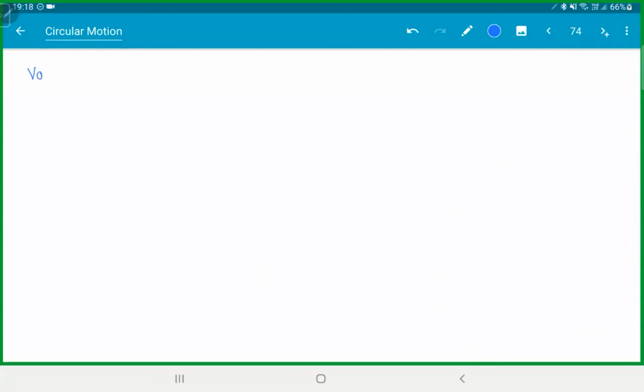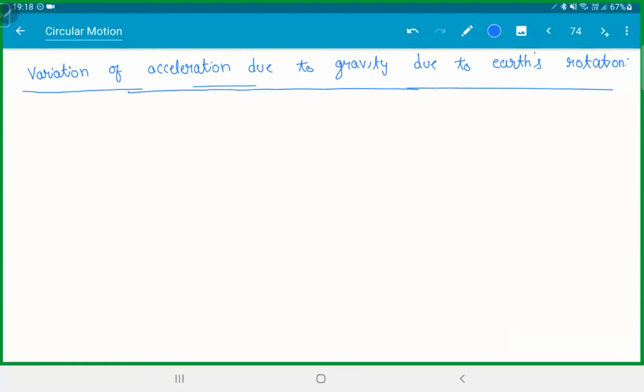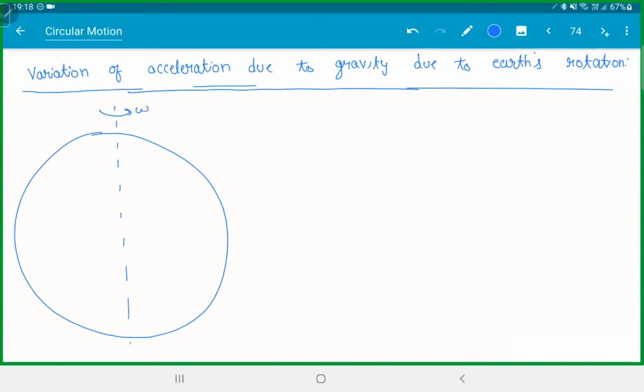Next thing. Variation of acceleration due to gravity due to Earth's rotation. So if you take the planet, which is rotating with omega, and let's say we have a person standing here.